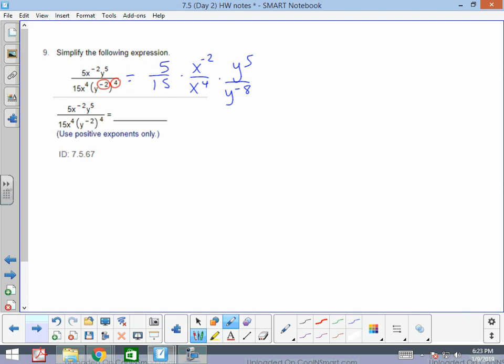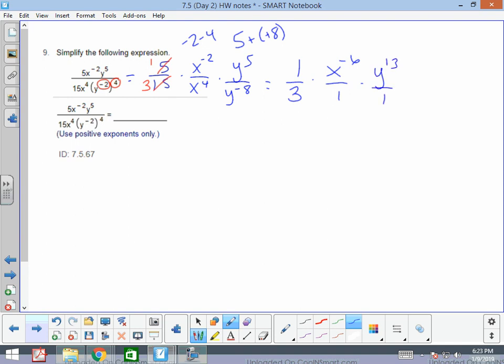Now let's reduce. 5 and 15 both divide by 5. So that's 1/3. For the x's, I'm going to subtract the exponent on top and the exponent on bottom, so that's negative 6. For the y's, subtract the exponent on top and the exponent on bottom. So 5 minus negative 8 is 5 plus 8.